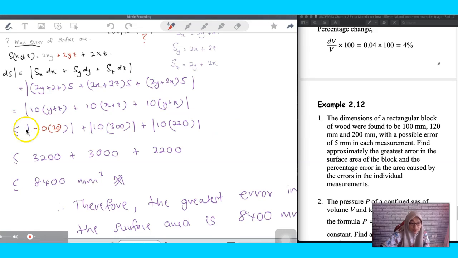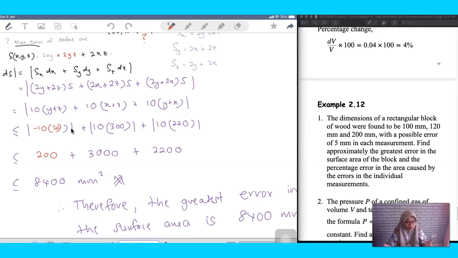Because we know that this one is an absolute value, it is supposed to be always positive. So originally it becomes negative 200, but because you put the absolute sign, it becomes 200. Then you just total up, and you get the answer.